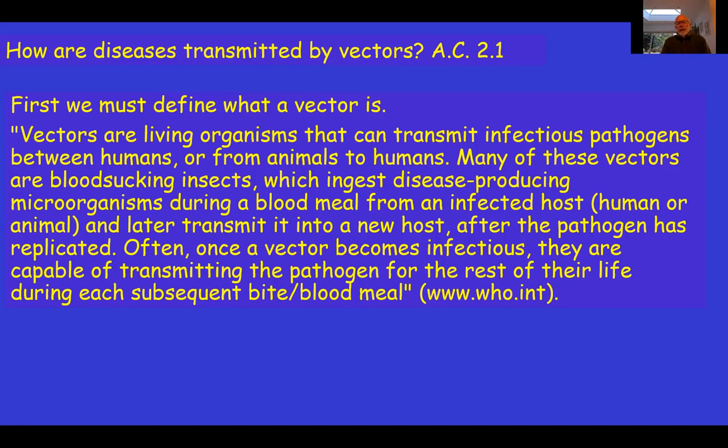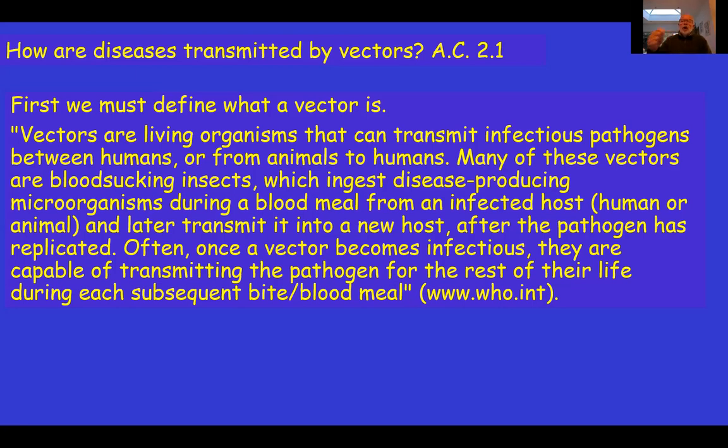Now, what happens is that these blood-sucking insects will, on a feed, ingest, that's taking in themselves, the disease producing microorganism during a blood meal from an infected host or from an animal, such as cattle nearby or sheep, etc. All right.